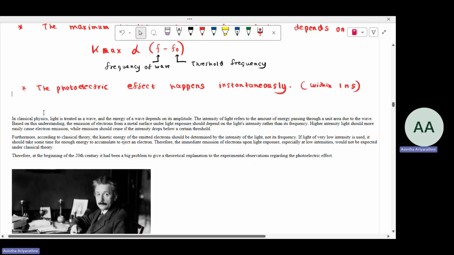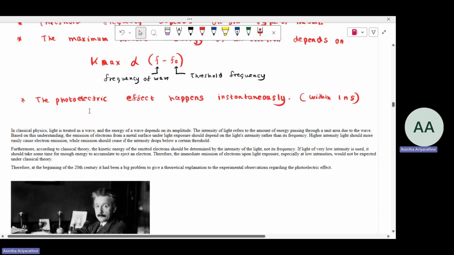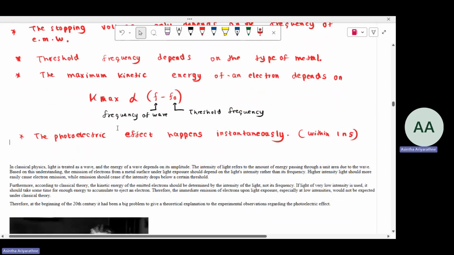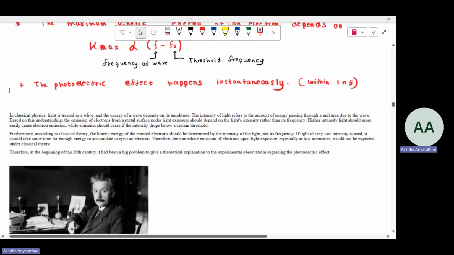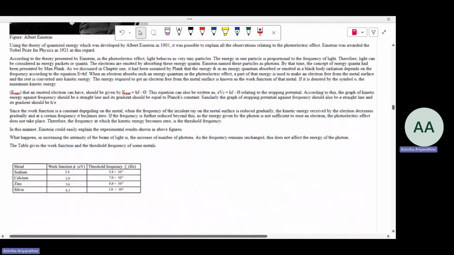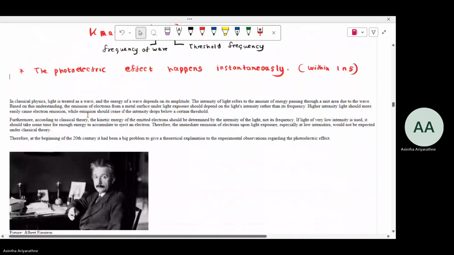Therefore, another way of looking at electromagnetic waves is as energy packets, called photons. That was first described by Max Planck.